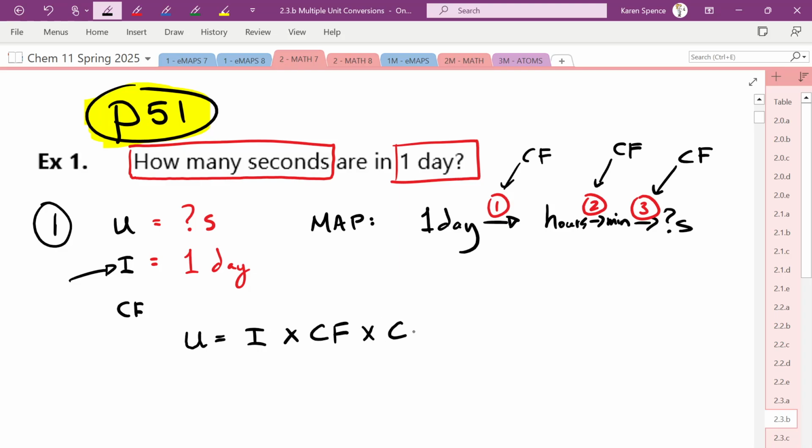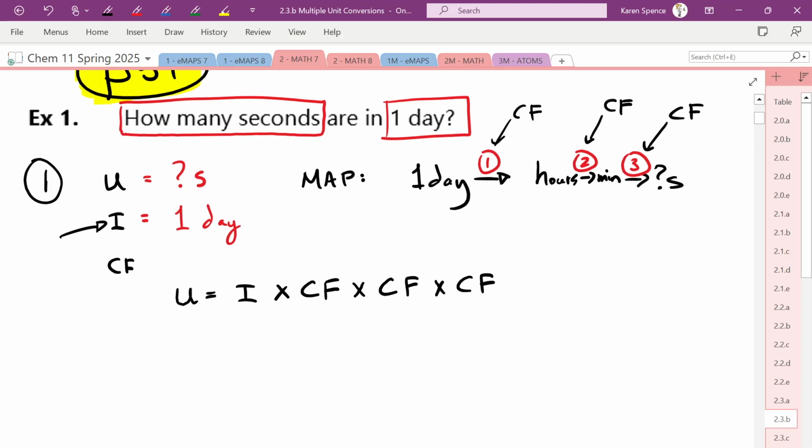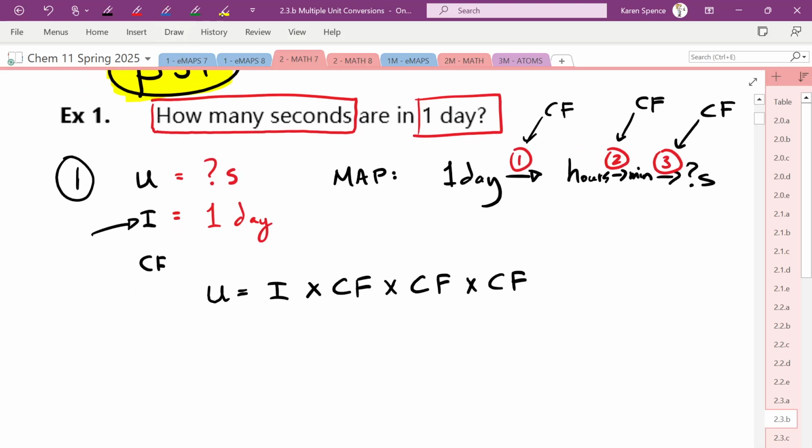So we're going to have 1, 2, 3. Our unknown is the number of seconds. So I'm going to say, I don't know how many seconds I have, but I'm going to find it. Our initial quantity is 1 day, so we're going to fill that in here, 1 day.